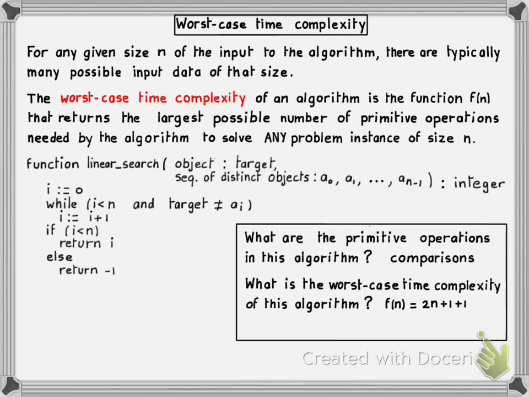So in conclusion, the worst case time complexity of this algorithm, f of n, is equal to 2n plus 2, which, as we know, is big theta of n. So in the worst case, this algorithm has a time complexity that is linear in the size of the input.